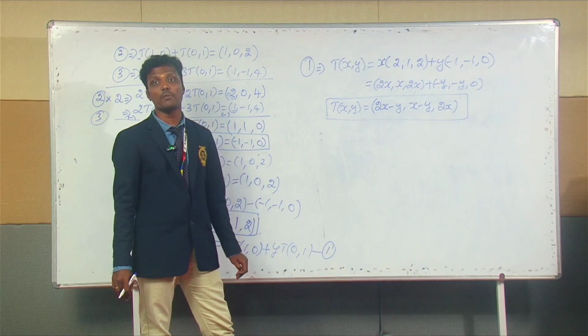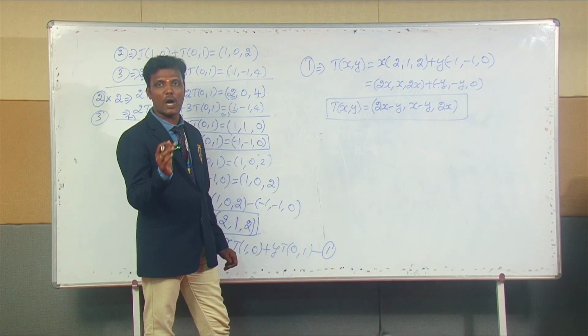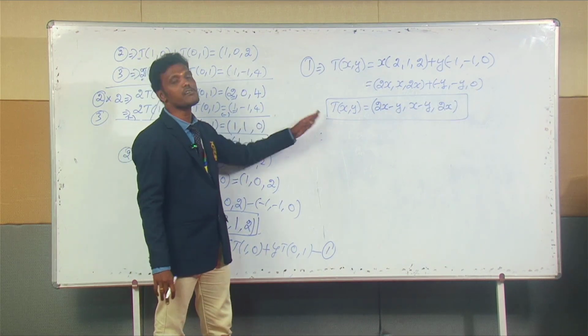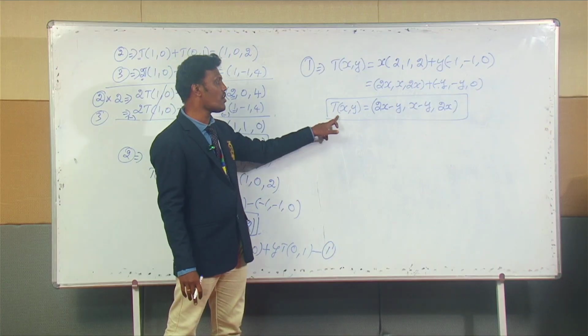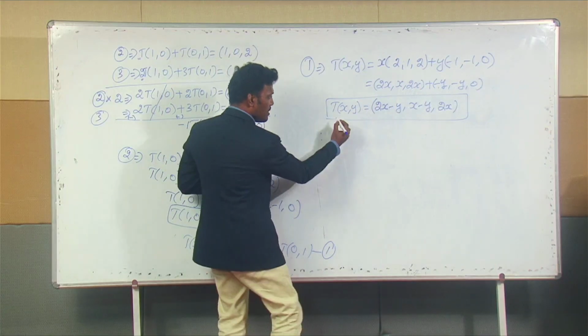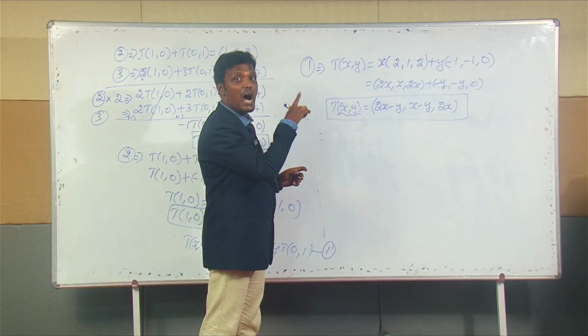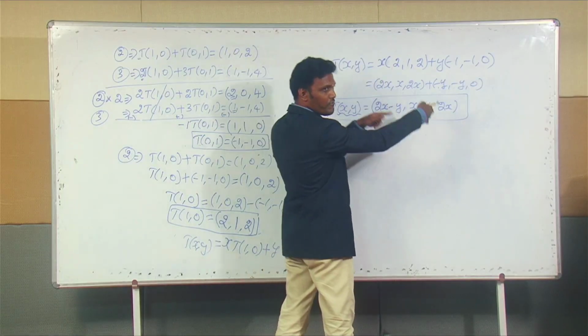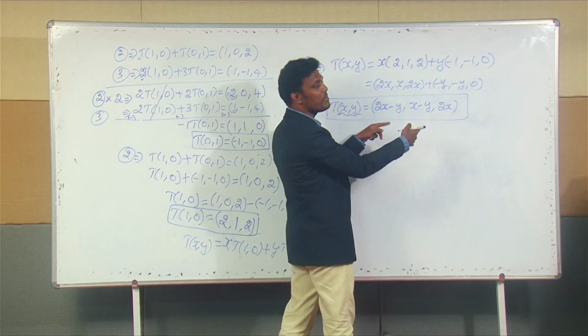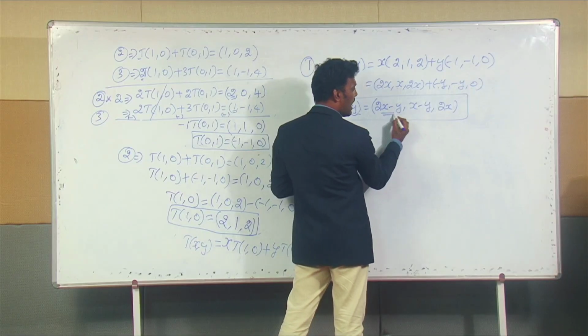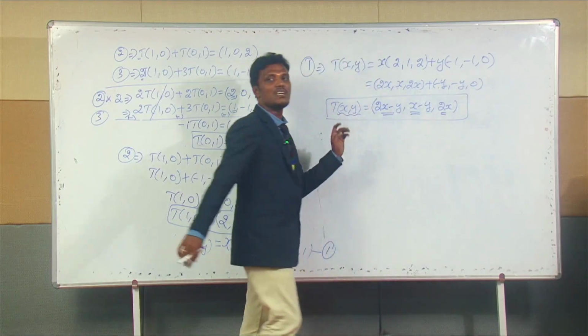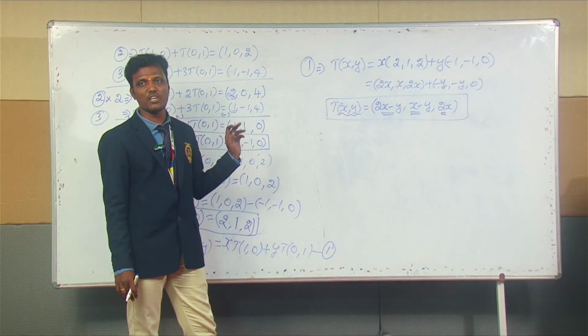This is the transformation from one vector space to another vector space, the general transformation of the given question. T of (x, y), where (x, y) belongs to the vector space V, that is R square, and the image of R square is R cube. It's a triplet, so three values are attained. This is the general value of the transformation T.